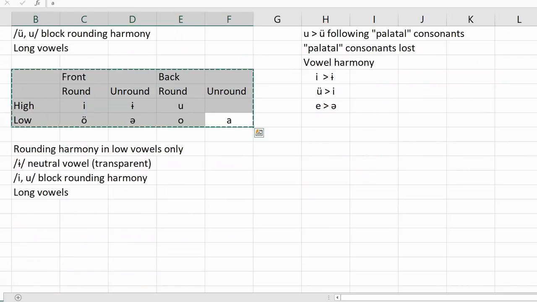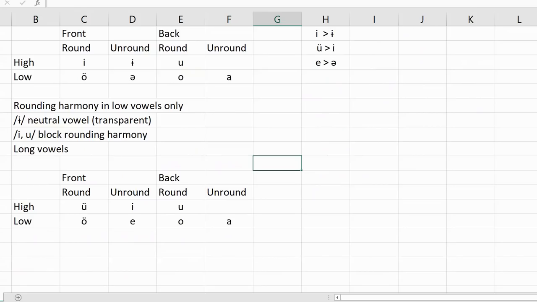Alternatively, if I wanted to keep the u, I could do a similar thing, but instead of having the e become that, we could do what Japanese is in the process of doing, and turn u into its fronted counterpart, and that would mean that it and u form a front-back pair, and e remains as the neutral vowel.